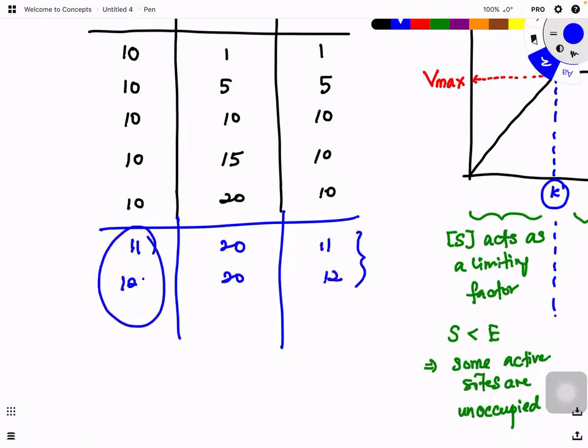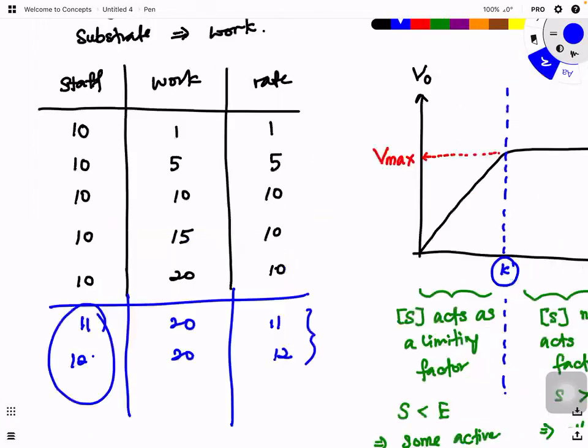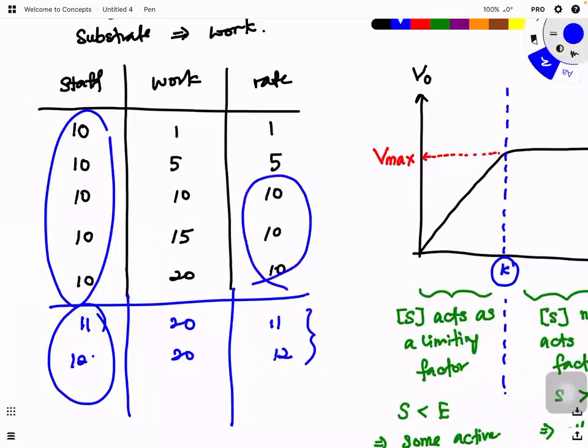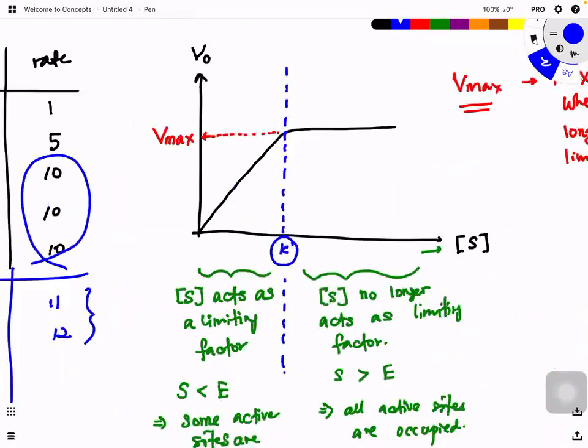Because I changed my staff number. So as long as you don't change your staff number, with this number of staff, this will be the maximum rate that I can have. I won't be able to get any further increase unless I change my enzyme concentration. So with that particular enzyme concentration, that is the maximum already. I won't be able to increase anymore. So that maximum rate is termed as Vmax.